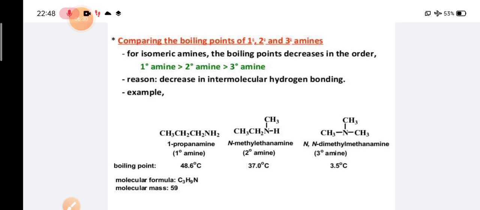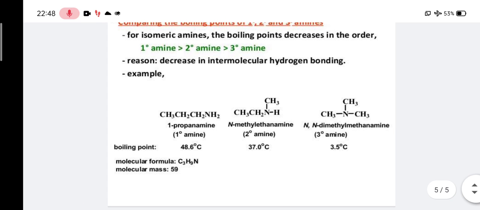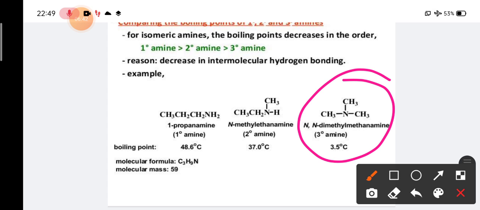In 1 degree amine, the intermolecular hydrogen bonding is higher, then 2 degree, then 3 degree. So the lowest intermolecular hydrogen bonding happens in the 3 degree amine. That is why the boiling point of 3 degree amine is lower.